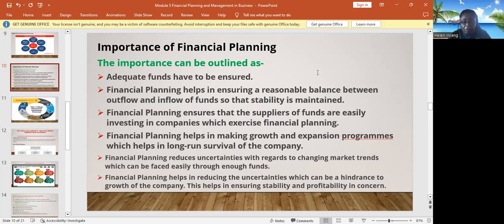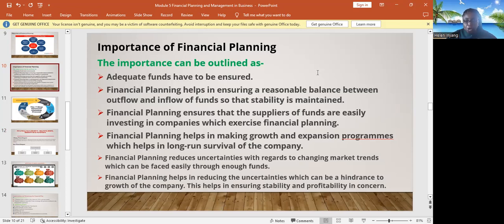You ensure adequate funds. Financial planning helps in ensuring reasonable balance between outflow and inflow of funds so that stability is maintained. As the money comes in, you don't spend it that way, because if you spend it the way the money comes in, you may end up spending your capital.